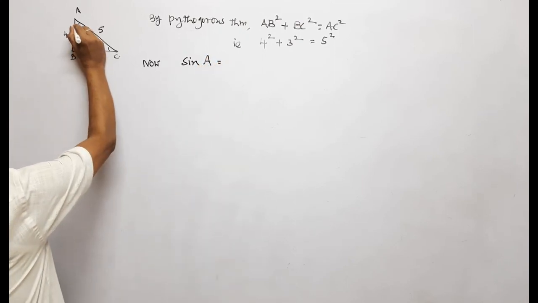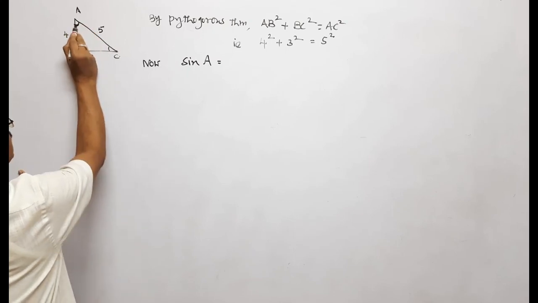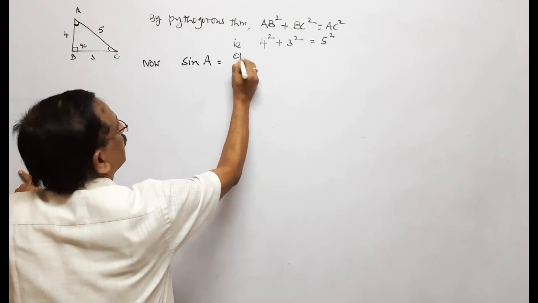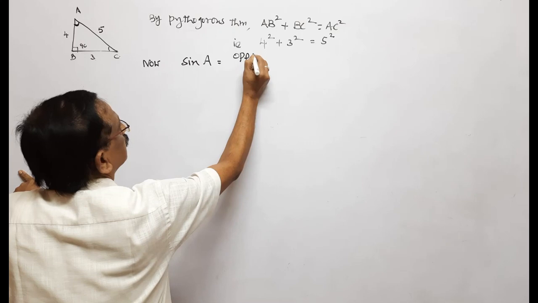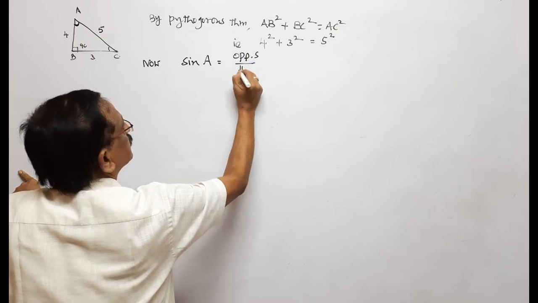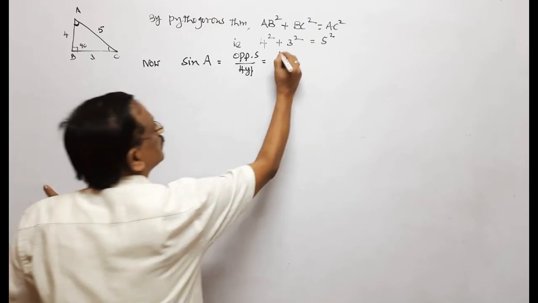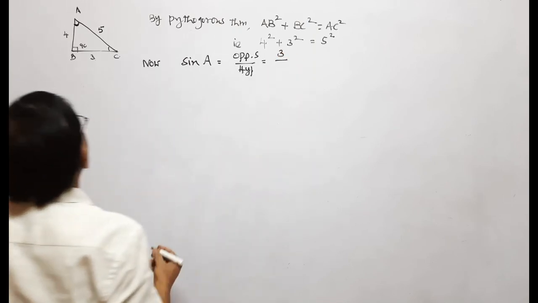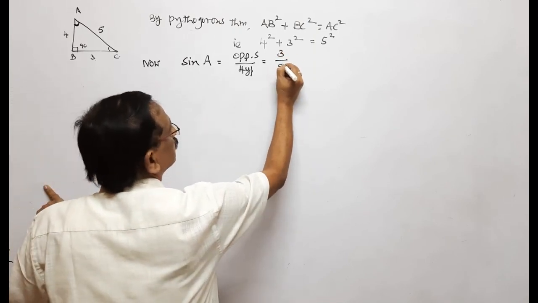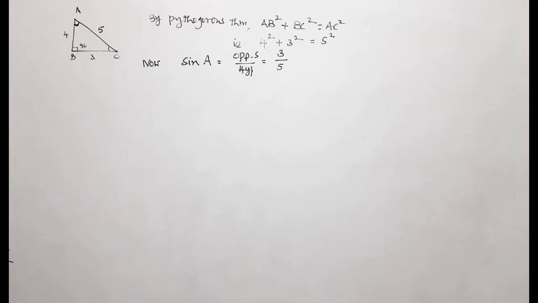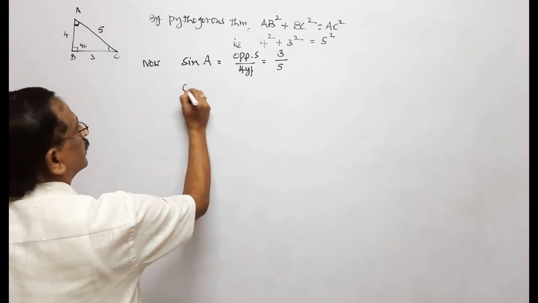Now, let me evaluate sin A. Sin A means this is the angle. So sin A is opposite side by hypotenuse. Now, what is the opposite side? Opposite side is 3, hypotenuse is 5. And what is cos A?